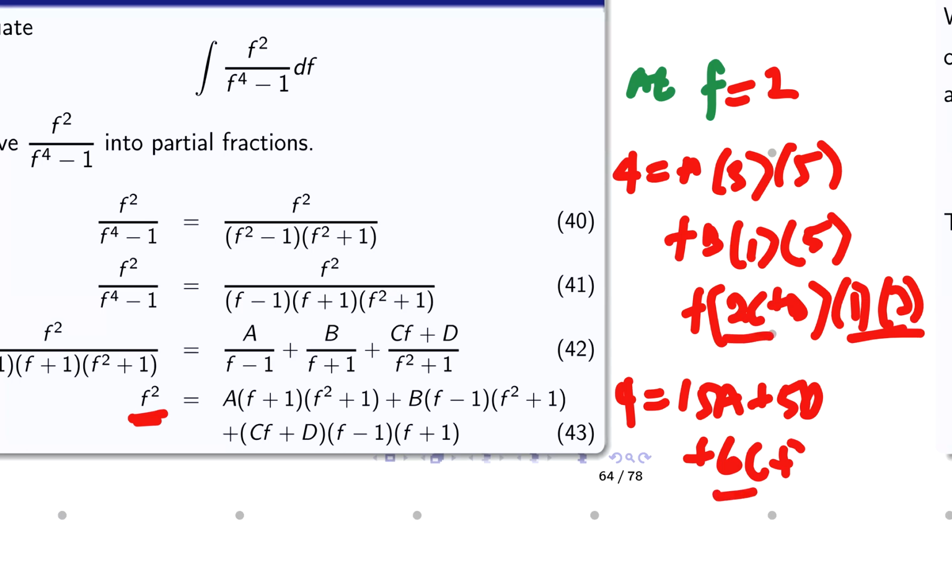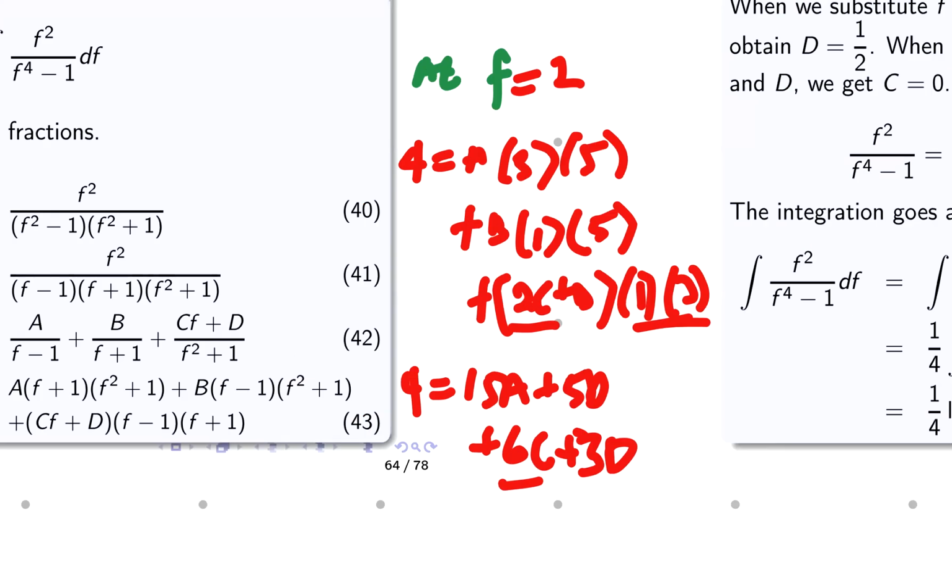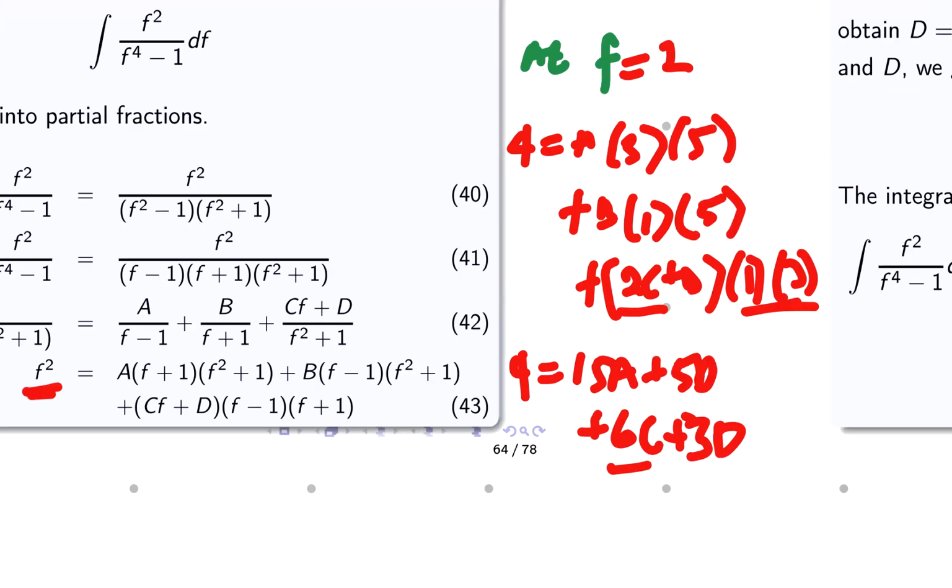And we already know that A and B, we have values for them already. So A is 1 over 4, B is minus 1 over 4. So this is 15A, right? This is 5B.